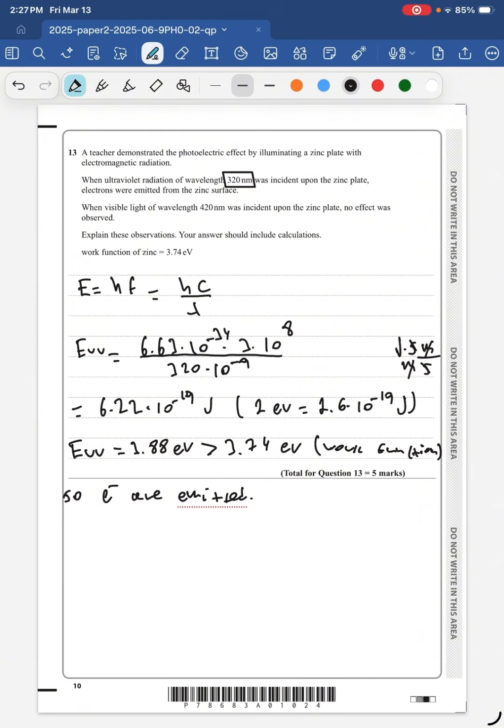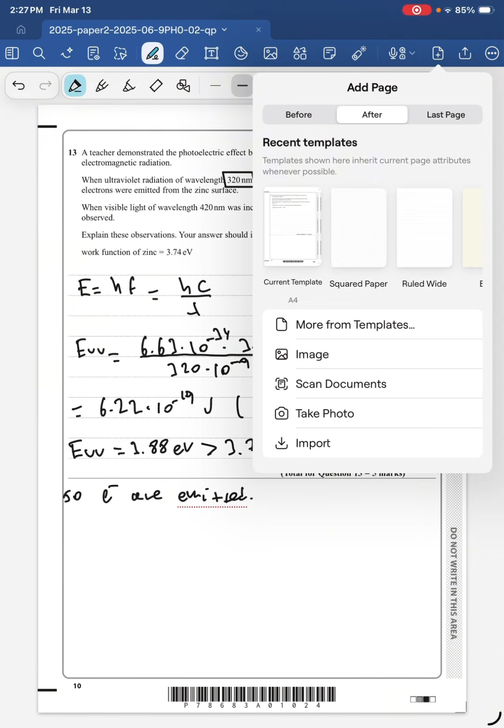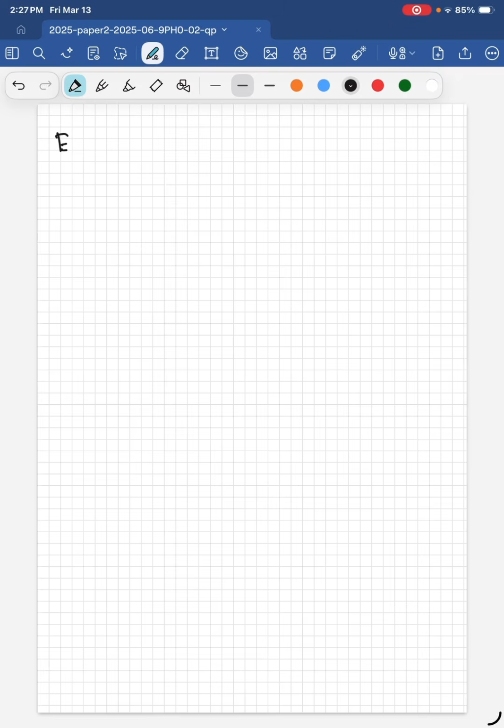Okay, and let's do the same for the second radiation. Let me use a clean page. So the energy of the, let's call it visible light, because it's 420 nanometers, that's blue-ish, okay? So 6.63 times 10 to the negative 34 times 3 times 10 to the 8 over 420 times 10 to the negative 9, and this is joules.